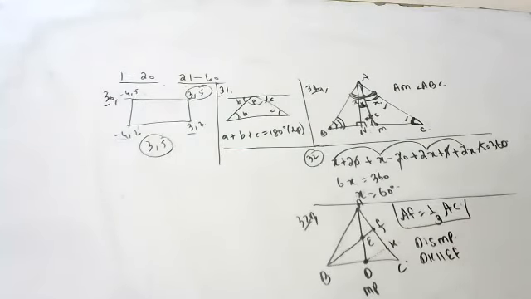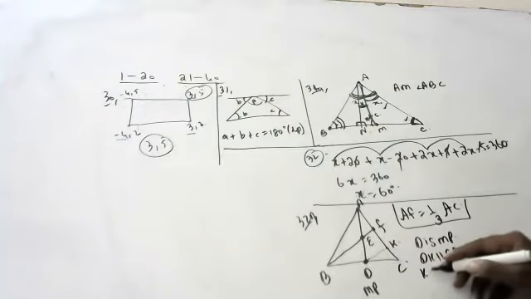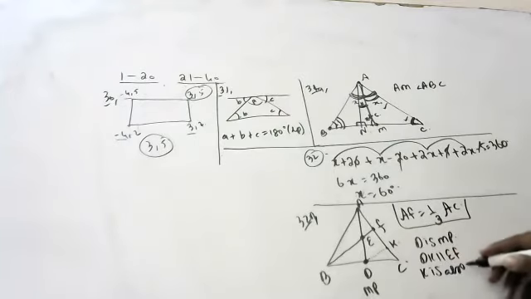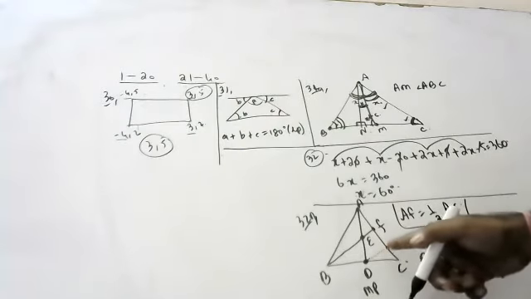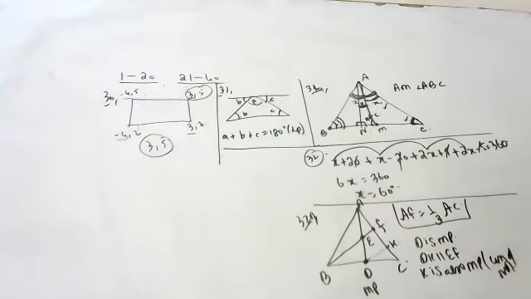If DK is parallel to EF and D is midpoint, K is also midpoint. By which theorem, children? Converse of midpoint theorem. Try to understand, children. Only see triangle CBF.